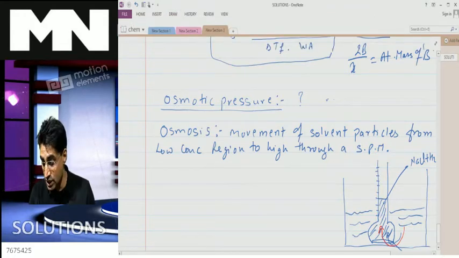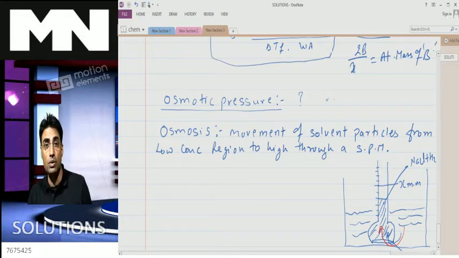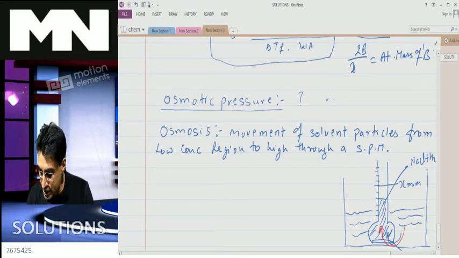That means the level of the solution will increase. Suppose it has increased up to this level, and suppose this is x millimeters. It can be any value. But now the weight or the pressure of the solution has become so large that no more solvent particles can move in. This pressure is known as osmotic pressure.